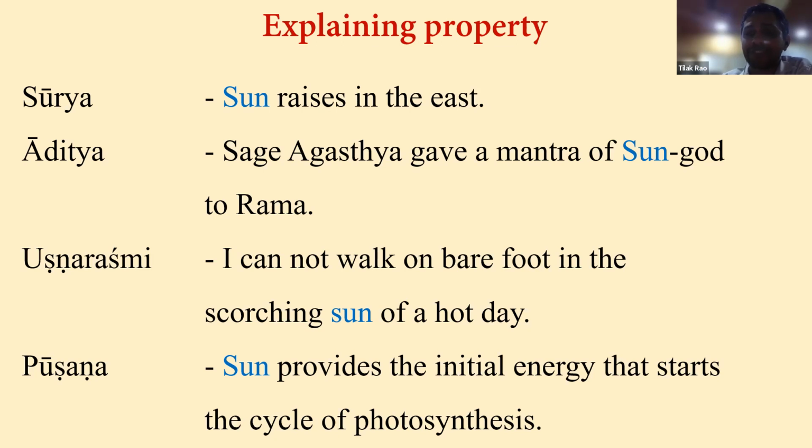If we want to say photosynthesis, then Pushan is the appropriate term, not Surya, because Pushan gives some energy, Pushnati. Or if you want to say scorching sun, then Ushna Rashmi is the appropriate word, not Aditya. So we won't use these words randomly, because they are explaining some property of what we want to say. That's also connected with which word we use.